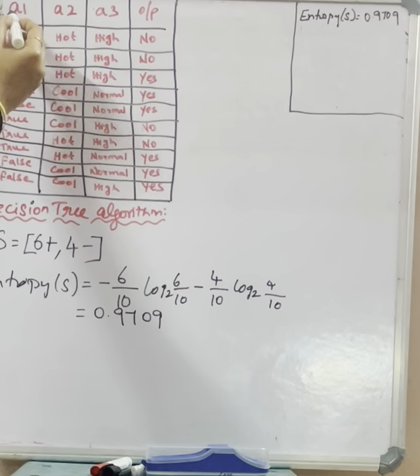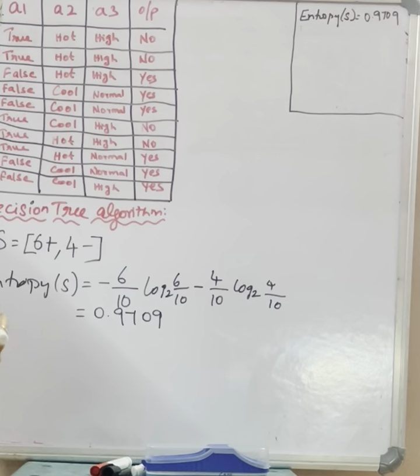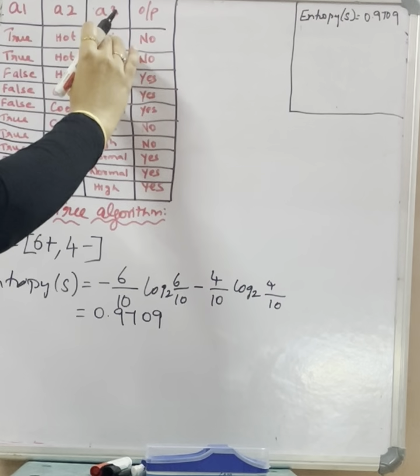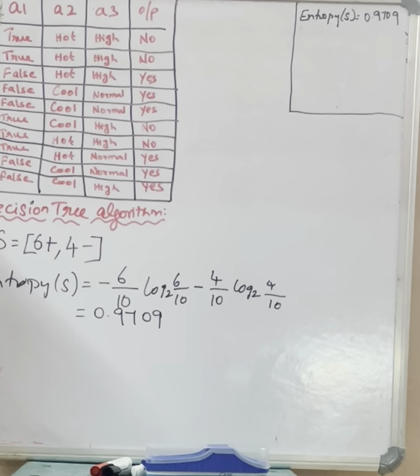So we have 3 attributes A1, A2 and A3, and we have to check which one is going to be placed as the root node. For that you have to find the information gain of A1, then of A2, then of A3, and compare them. Whichever value is highest should be placed in the root node of the tree.